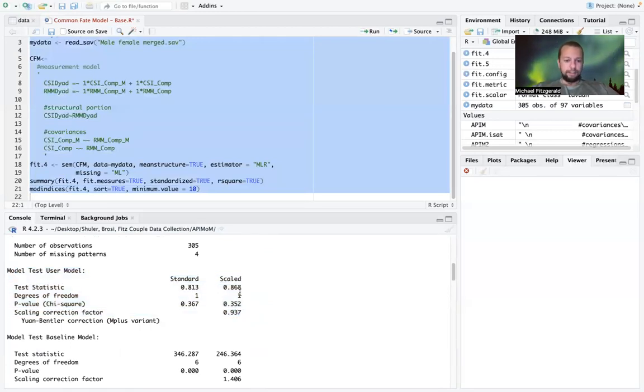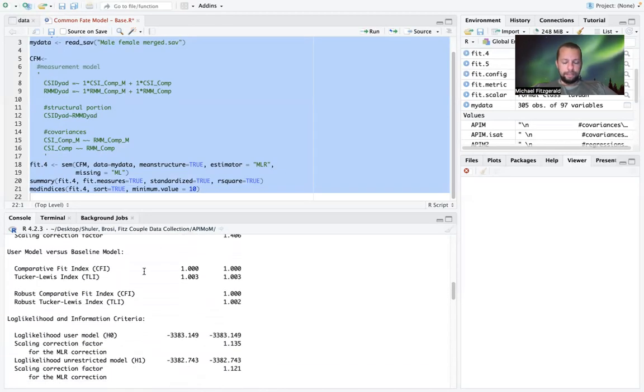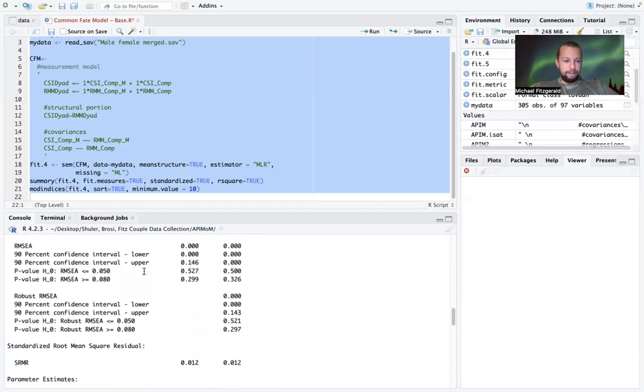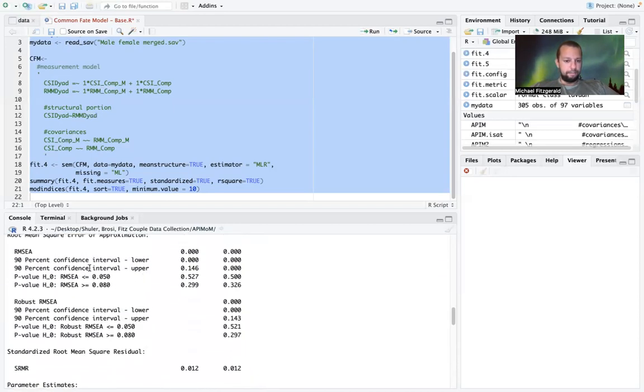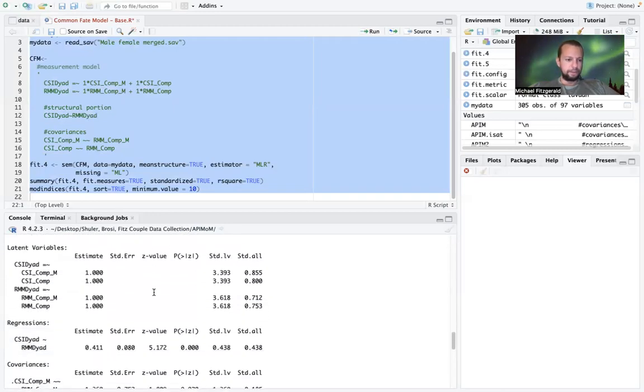Because again, I either find values like this, where our chi-square is less than 1, or it tends to be 6, 7, 8, 9, or 10. Same thing happens in linear growth modeling. So we'll scroll down, everything else looks good. RMSEA is good. Again, I actually disregard the RMSEA in these types of models.